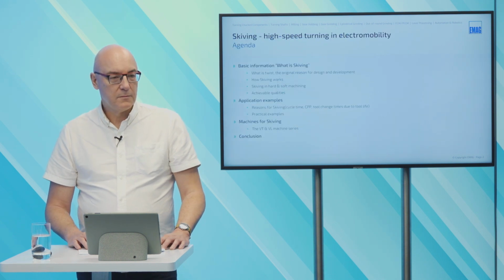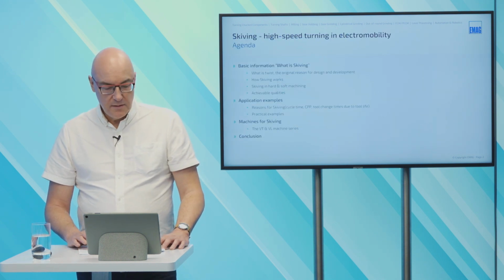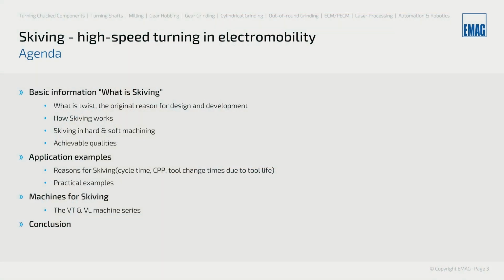What's the point? What do we want to talk about? First, basic information: what is skiving, what is twist, and the original reason for the design and development of the skiving process. How skiving works, some examples of skiving in hard and soft machining, and the achievable qualities.